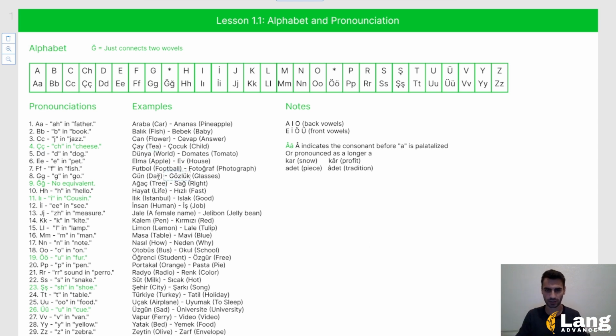So in the example ağaç, it just connects them to prevent saying ağaç. Instead of ağaç, you're saying ağaç, just two A's together. And in the example of sa, it makes it just long. Sa. That's it.